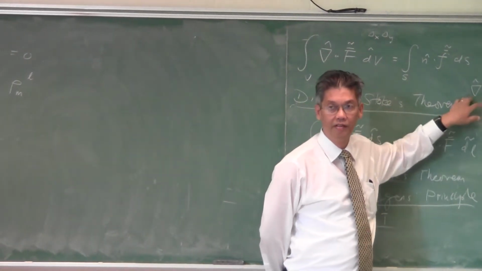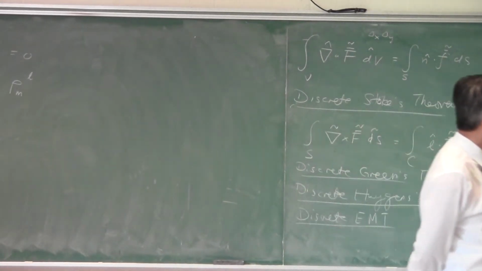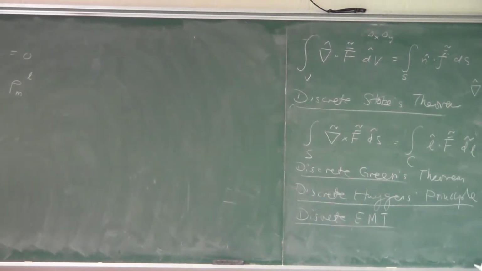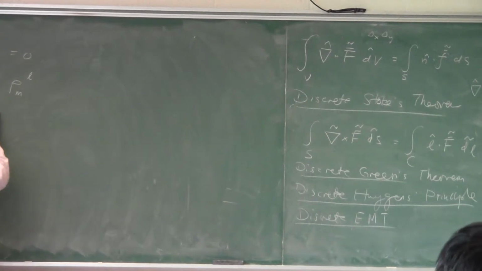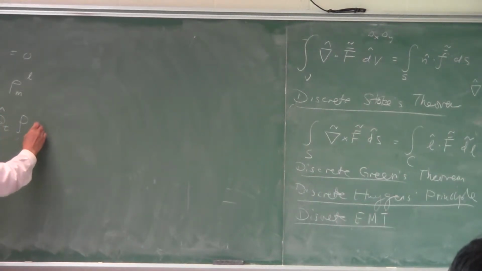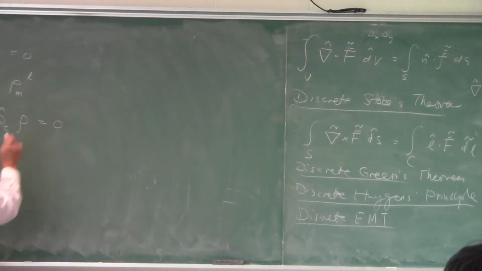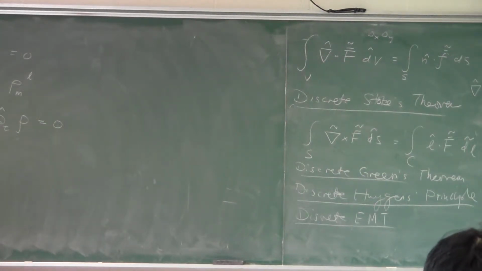Because it's a divergence operator times a curl operator. And then you get this equation as this one over here. Then you get the continuity equation, divergence of J plus partial t of rho is equal to 0. You get this equation.